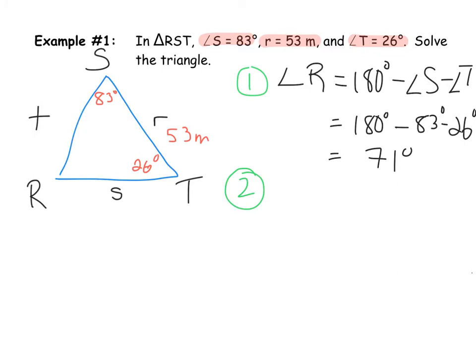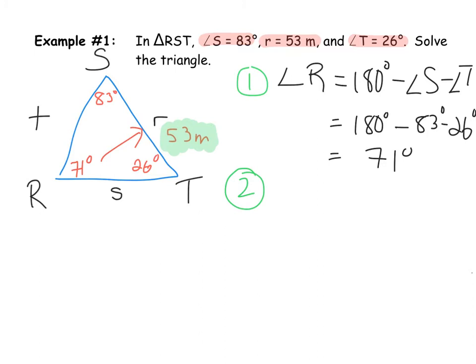So in order to use it, I need to look and see which of the sides I have been given. I have been given side R, which means that I'm going to need to know the measure of angle R. And since I did that, and it was 71 degrees, I am just going to fit that in to my diagram. And so the sine law will allow me to relate angles and their opposite sides.